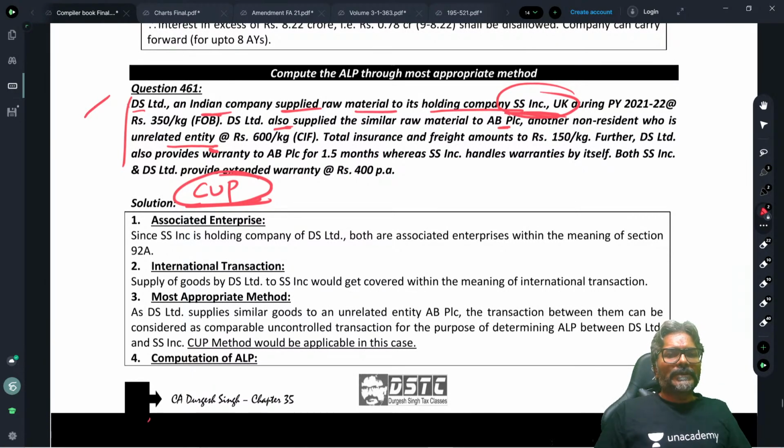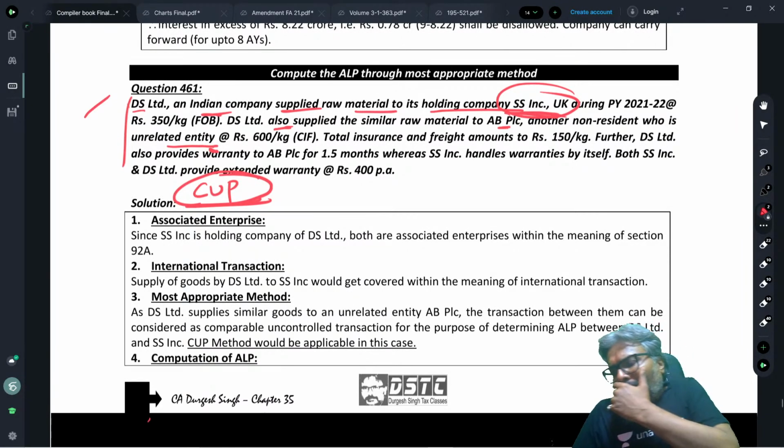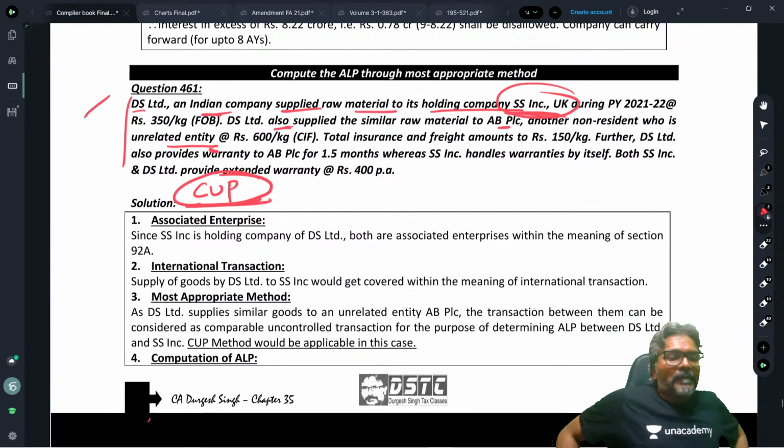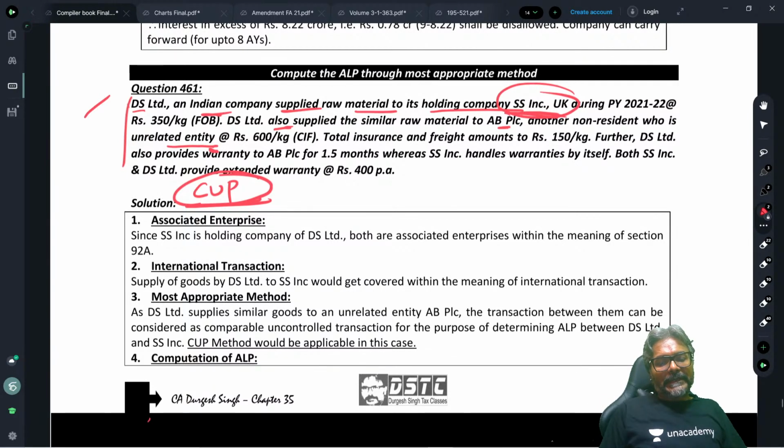So in that particular context, students, at a price of rupees 600 per kg, this is what you can find over here. So we pick up the price of 600 per kg.